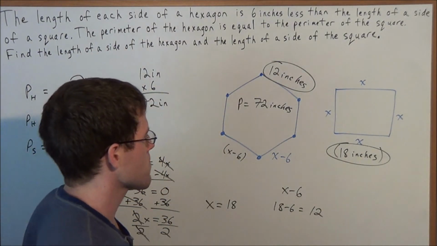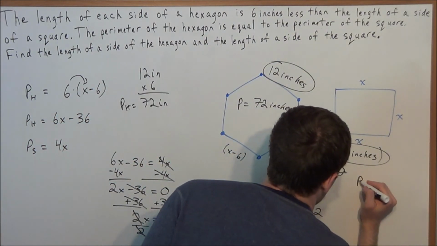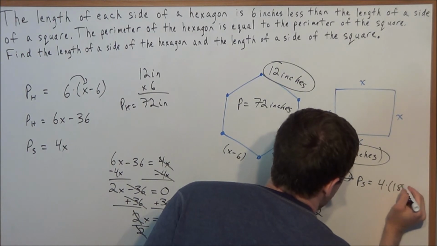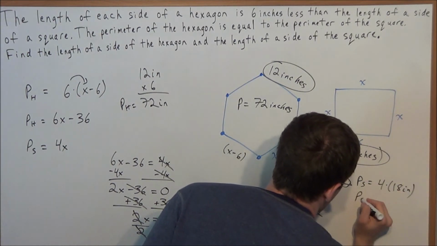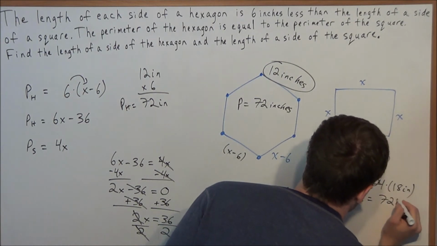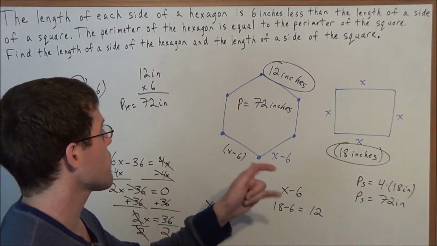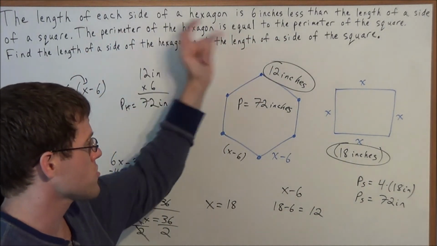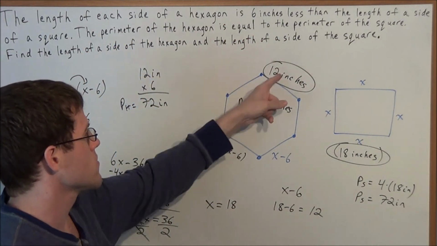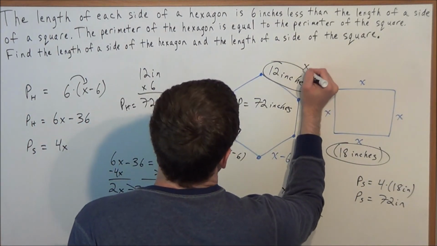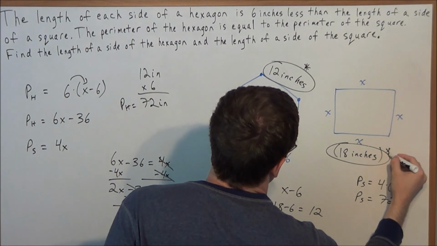And now if we look at the perimeter of the square, the perimeter of the square is equal to 4 times 18 inches, so the perimeter of the square is also 72 inches. So these values do in fact check out, and each part of the problem checks out when we plug in 12 inches for the side of the hexagon and 18 inches for the side of the square.